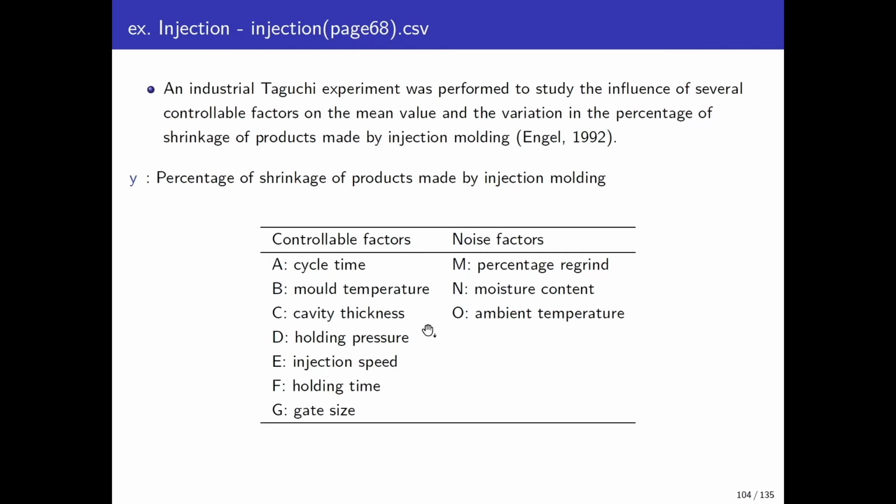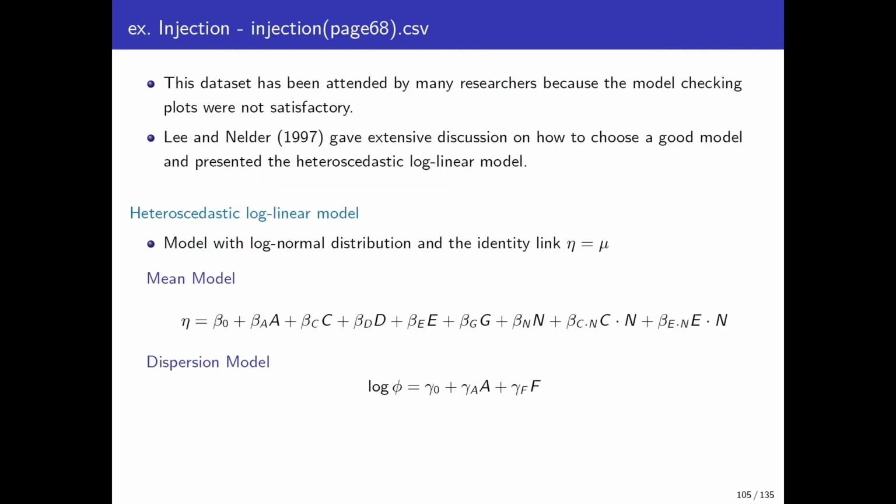Which is, we have Y, the percentage of shrinking of products made by injection molding, and we have 3 noise factors and 7 controllable factors.